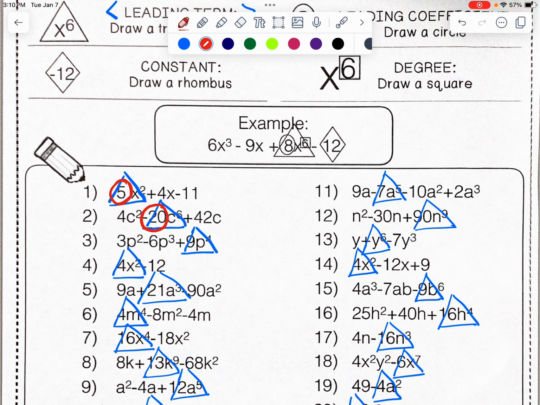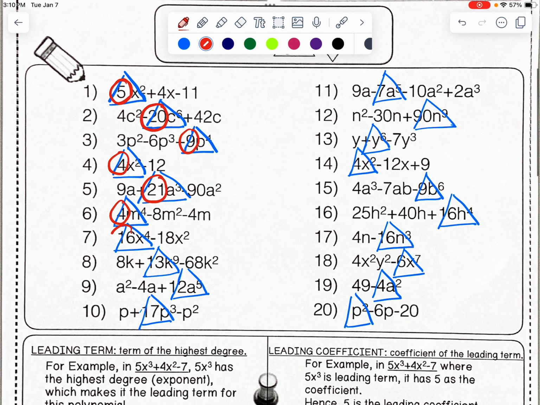So the negative 20, the 9, the 4, the 21, the 4. So again, it's just the coefficient, the actual number that's in front of the leading term. Negative 7, 90. I'm going to come back to 13, 4, negative 9, 16, 16, negative 6, negative 4.